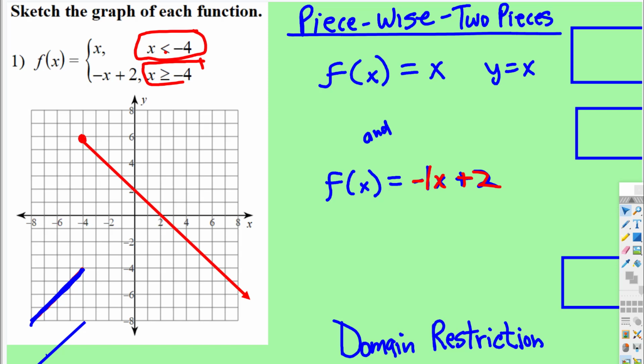And there we have it. We have those two graphs with the given domain restriction. And this gap right here is called discontinuity, but both of those graphs are part of the original function. This function is just split up into two pieces.